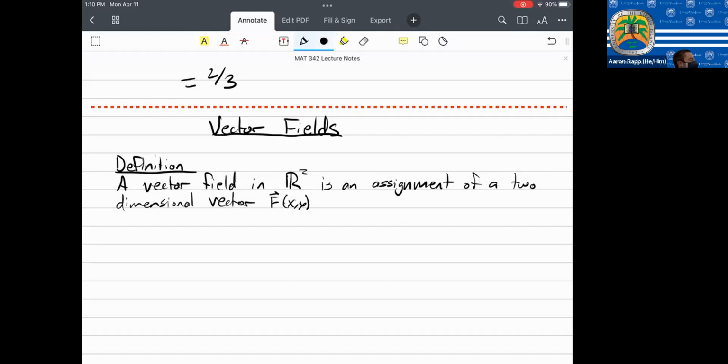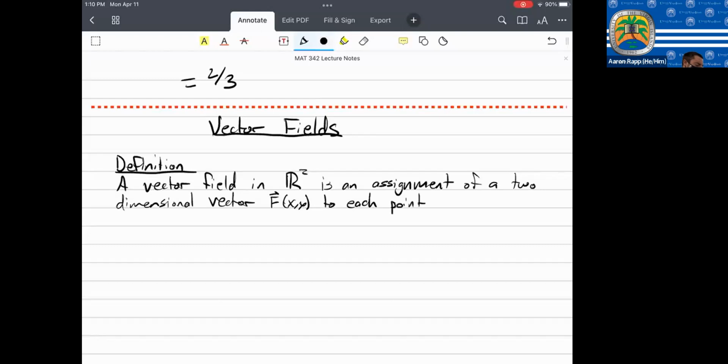If you look at your textbook, they use bold notation. Doesn't really work with bold notation here, so we're going to just make sure that we do a vector. To each point in the XY plane on some domain, really.